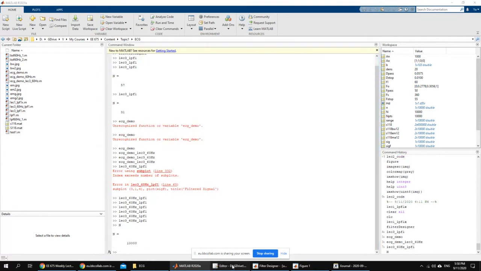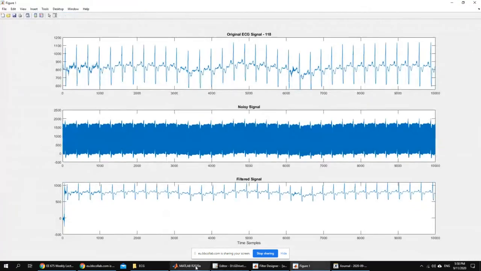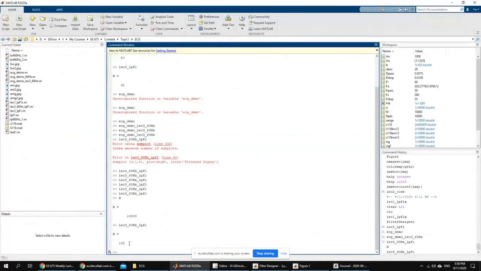No, it's not that, because we use N here and we use N here also. Okay, so the problem is that N is overwritten here. If I wanted to know the N value, I have to print it here. So N is about 102 for this type of filter.